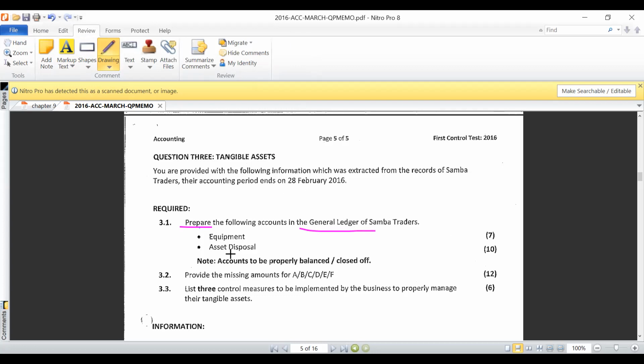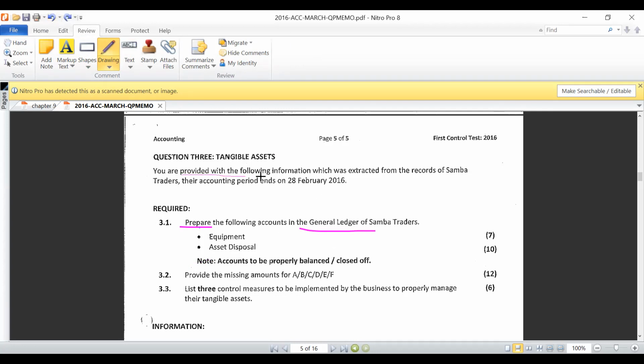So what are the two ledger accounts? One is the equipment account and the other one is the asset disposal account. For the asset disposal, I've already answered you, right? But can you do it just in case? No problem. We'll do it together.